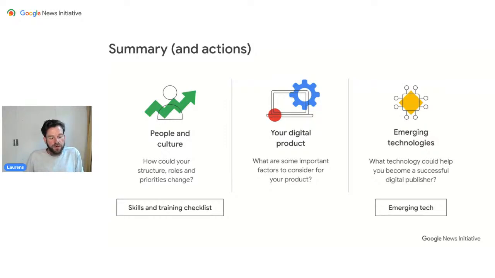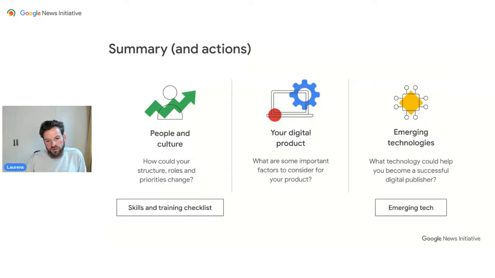All these roles might not depend on the medium you were brought up with, but I would say think about what's the essence of a good journalist, of someone who really knows how to work with data or how to work with video, and you need all these skills. So again, people and culture is the first thing. Skills and training checklist, that's an activity you could do.